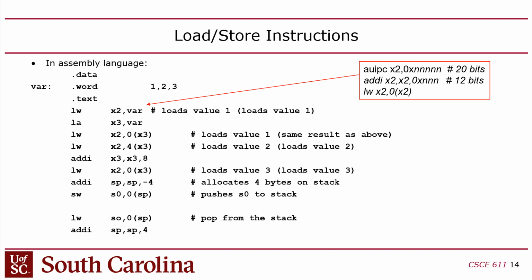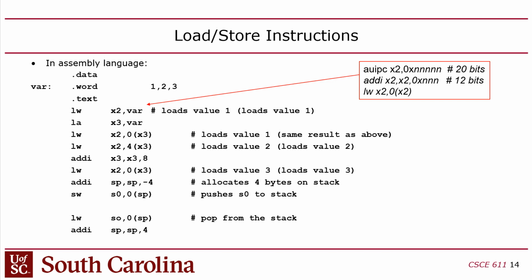In this example, I use the .data directive to label a section of this program as an area in which I want to allocate space for global variables and arrays. I added a label for an array called var. You know it's an array because there are multiple values listed there that I'm using for initialization. Then after the var label, I use the .word directive to specify two things.